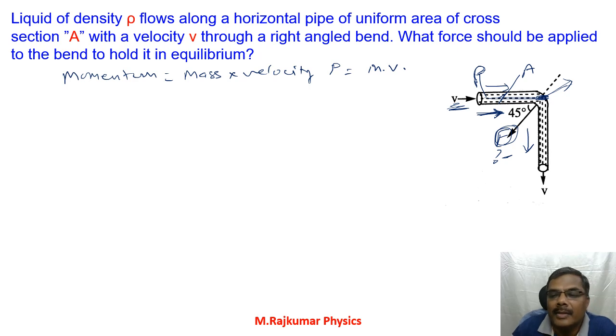Assume that some small mass, some delta m, is flowing in this direction for some time, delta t. Or we can say it is some small volume, delta V. For this mass, to calculate that, we know density is equal to what?